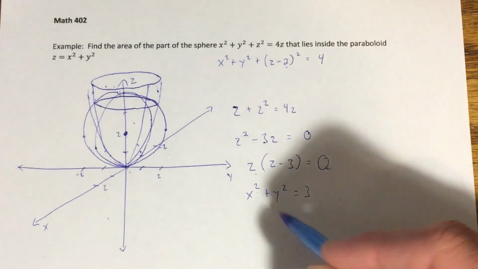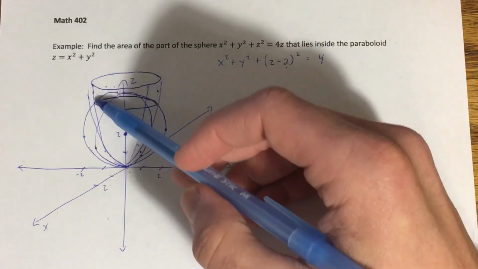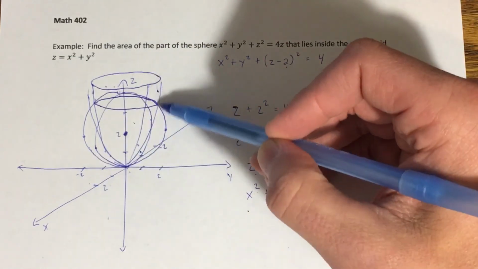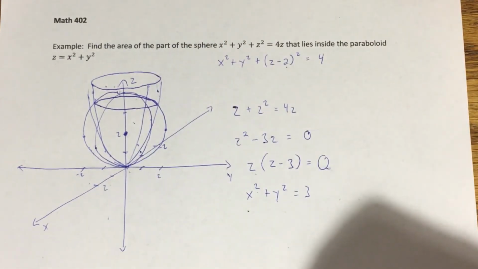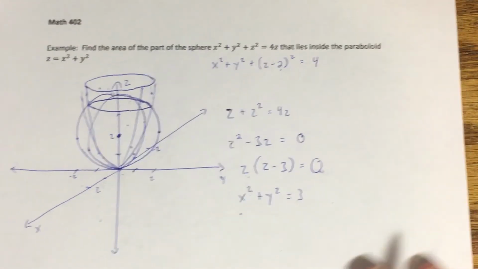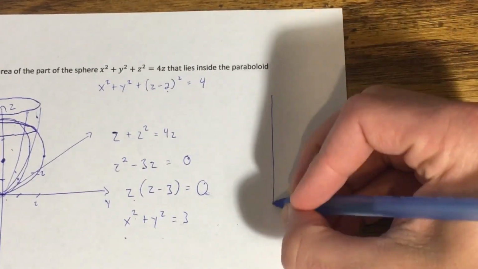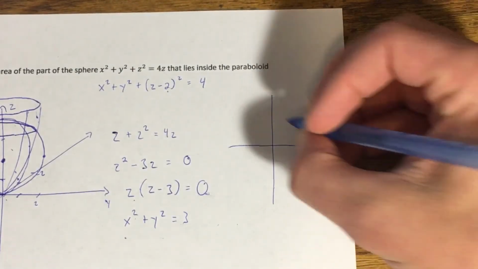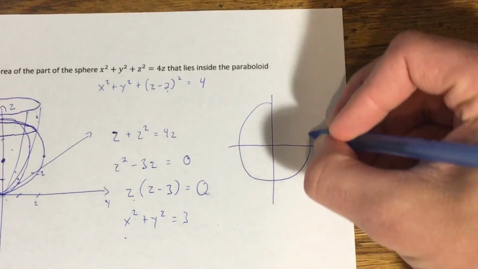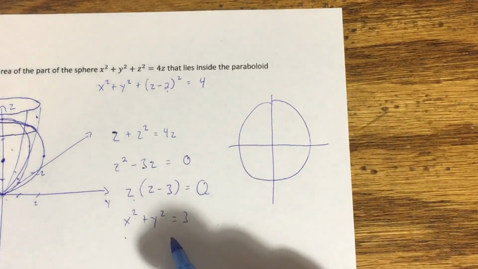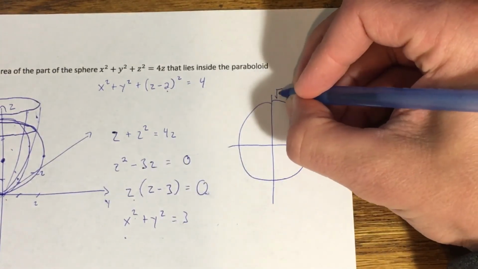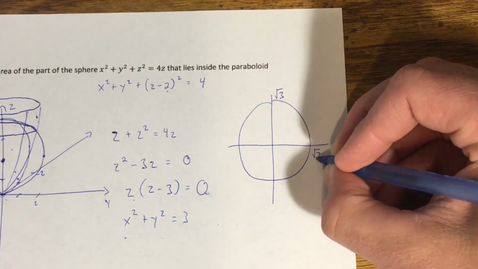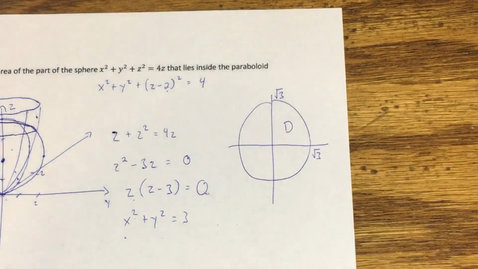And that's actually what the equation of this circle would look like if I projected it down into the XY plane. So I'm going to draw that separately. Notice it's a circle centered at the origin where the radius is root 3. And that's going to be the region that I call D.